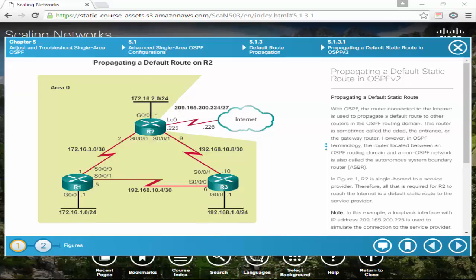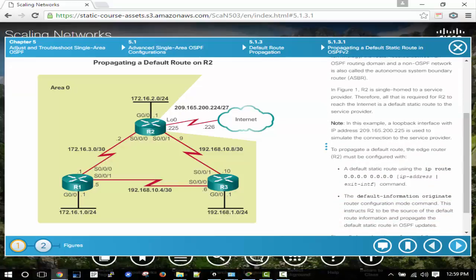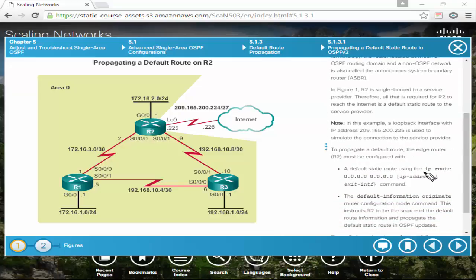This is different from EIGRP. The first thing we're going to do, I'm sure you all remember, is the IP route and then our static route to the internet, 0.0.0.0 0.0.0.0, and then either the IP address up here or our exit interface. Then inside of OSPF, so we go into router OSPF 1, remember, which is the process ID, or 10, whatever our process ID is.